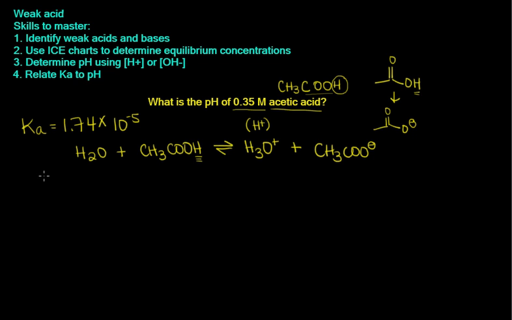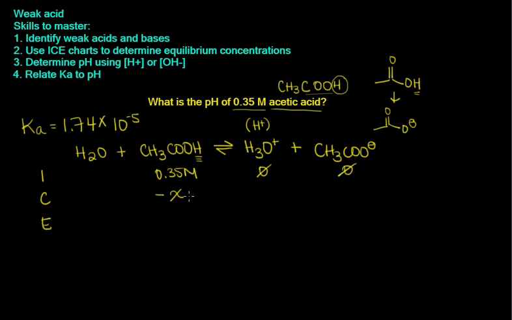Now, just like we did for the strong acids, we make an ICE chart. You're going to get really familiar with ICE charts. Water does not have concentrations. The initial concentration here is 0.35 molar. The initial concentration of H+ is 0, and the initial concentration of the conjugate base is 0. We're going to change by some amount, we don't know how much. This is the difference between strong acids and weak acids.